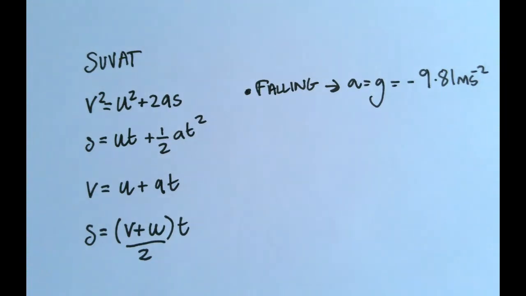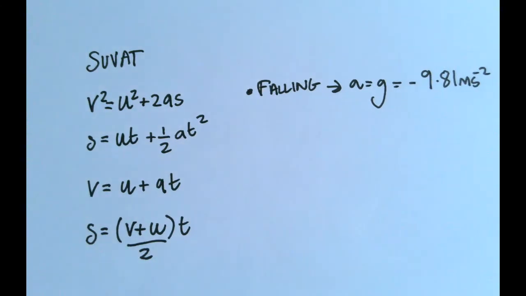Now the minus becomes important, and there are instances where you can ignore it, but I think life's a lot easier if you just get used to always putting the minus sign in. And in fact there are some questions where you will lose marks if you don't do this.